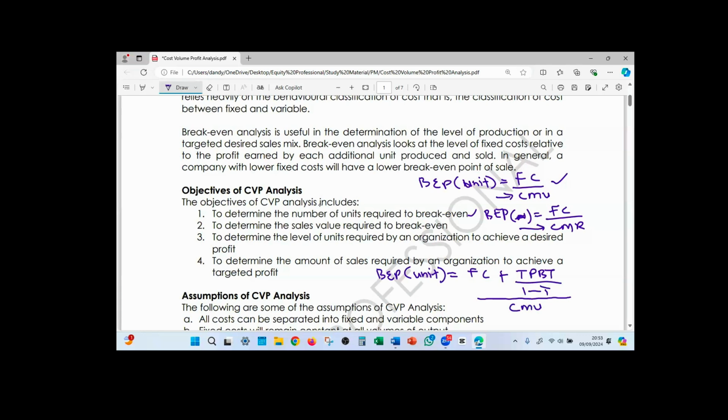This is the formula that you are going to use whenever you want to determine the units required to earn a targeted profit.